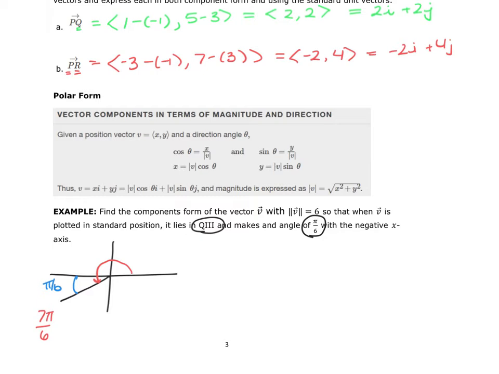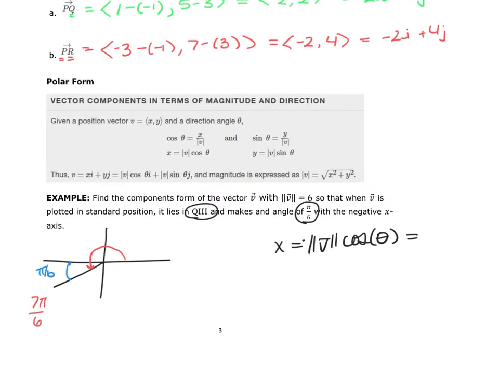So they're asking us to find the components. They want us to find the x part, which is going to be equal to the magnitude of my vector multiplied by the cosine of the angle that is formed.